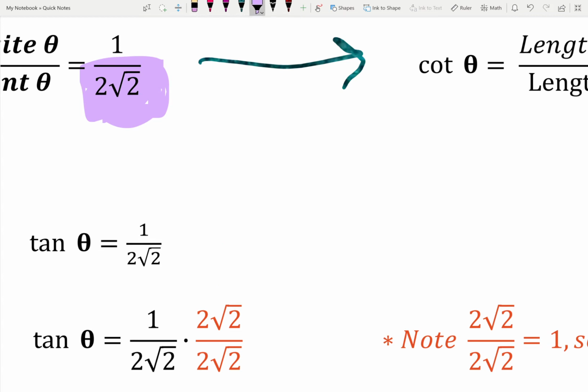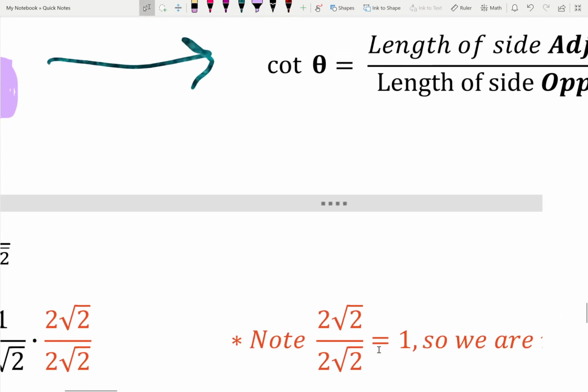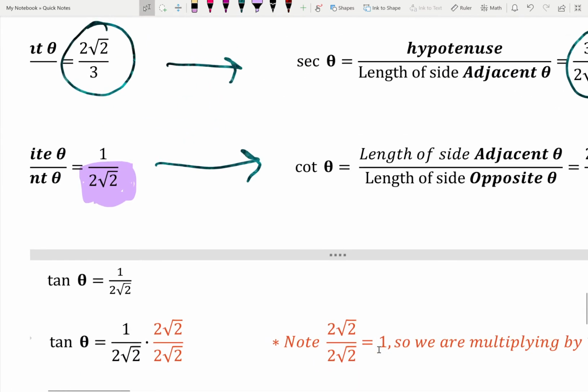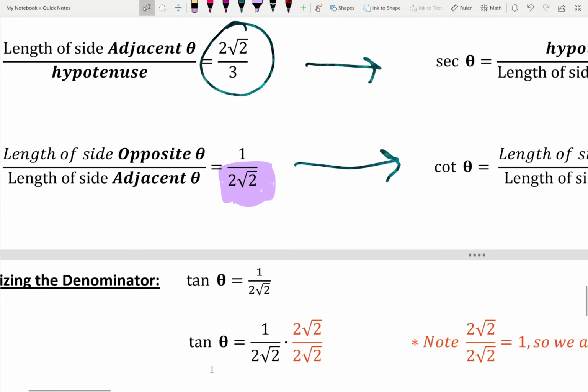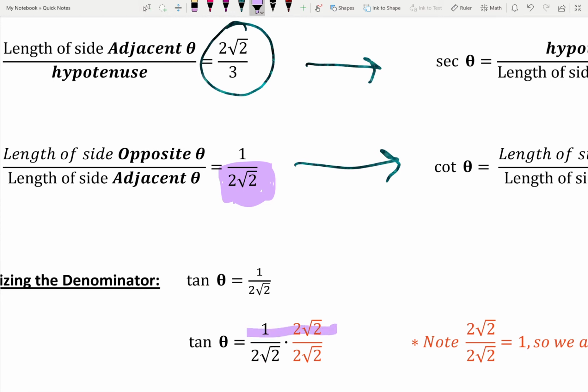And if you just multiply by 1, you're not going to change the value of the actual number. So when we multiply by 1, we don't change the actual value, but we are able to rationalize the denominator. When you multiply fractions, just multiply the numerators, and then multiply the denominators in the bottom.